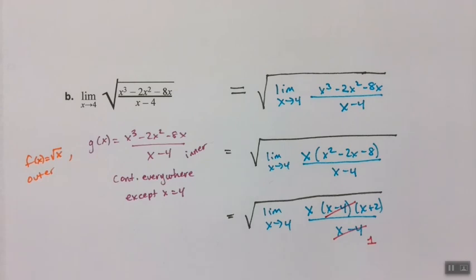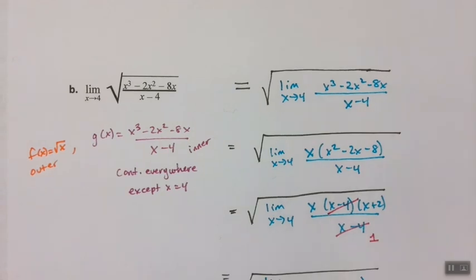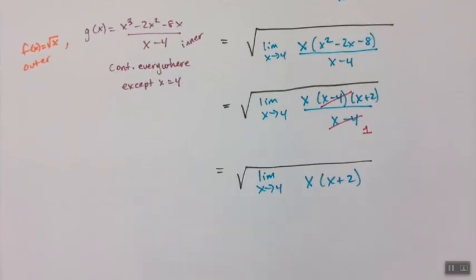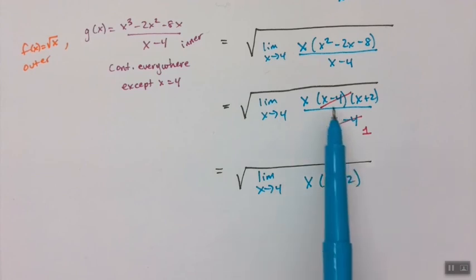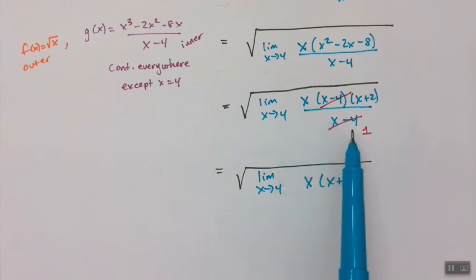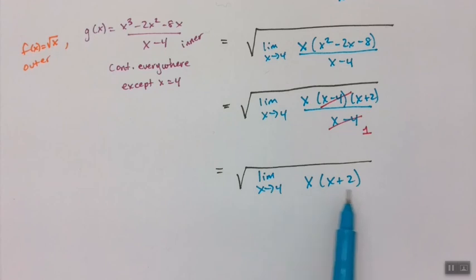So this is equal to the square root of the limit as x goes to 4 of x times x plus 2. And that we can substitute into, right? We can substitute 4 into this. We couldn't up to this point because we would have had 0 in the denominator, and that's bad. But when we factored and divided away, we end up with this term with no denominator anymore.